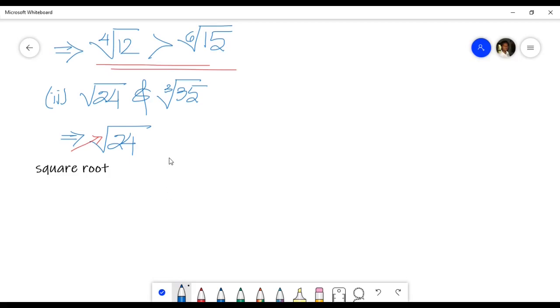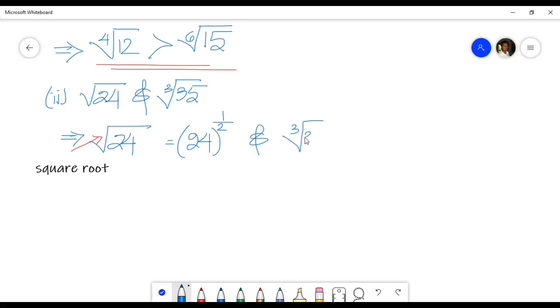When there is no index mentioned, then the radical is the square root. 24 is the radicand, that is the base. There is no exponent of 24, so by default we write 1 as the numerator, and the index here is 2, which is written as the denominator. So we have found the value of square root 24 as 24 to the power 1/2.